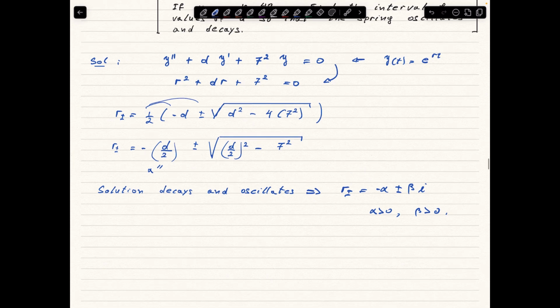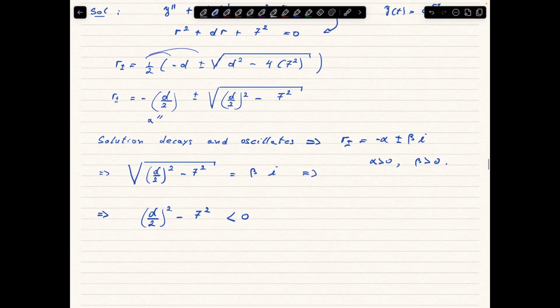So what we really need is that the square root of d over 2 squared minus 7 squared is pure imaginary. Let's write it as beta i. And that means that whatever we have inside the square root, which is d over 2 squared minus 7 squared, has to be negative.